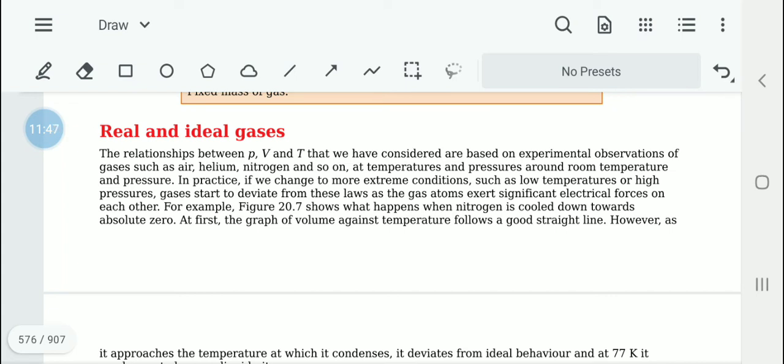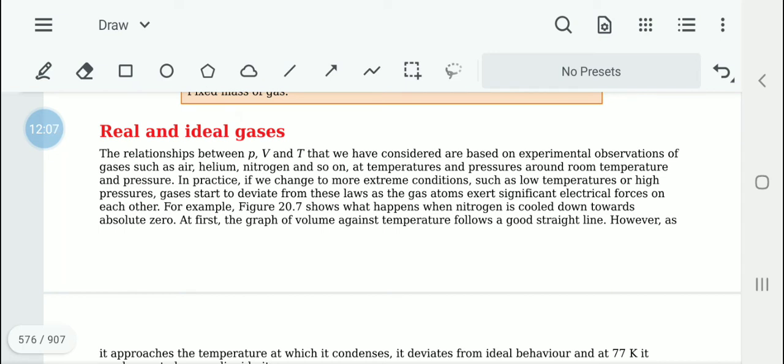So low temperatures or high pressures, etc., we use these things, right? So then the gases will start to deviate from the laws, right? And so they don't behave in the way that the equations show us, right?